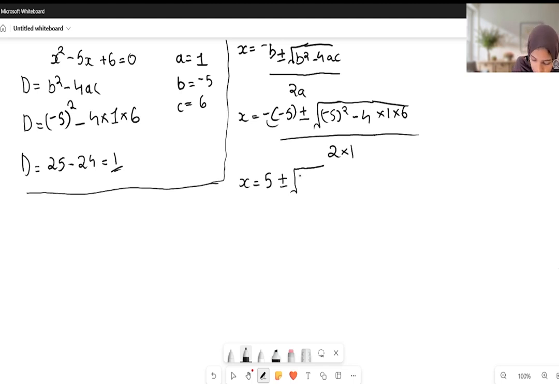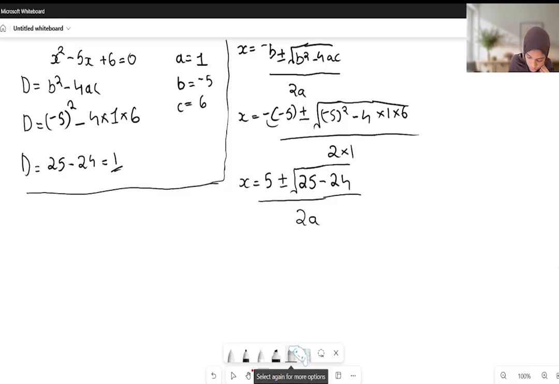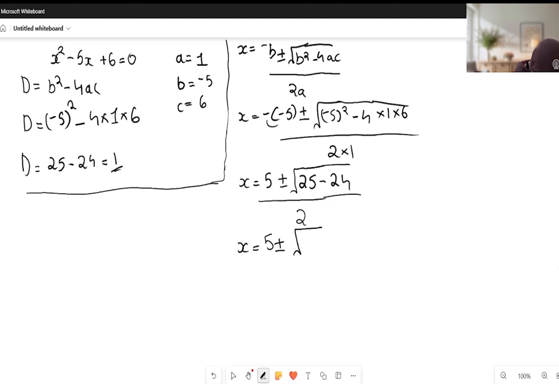Minus 5 square is 25 minus 4 into 1 into 6 is 24 by 2a, which we already found is 2 into 1, so 2. Okay, so x is equal to 5 plus or minus root 25 minus 24 is 1 by 2.